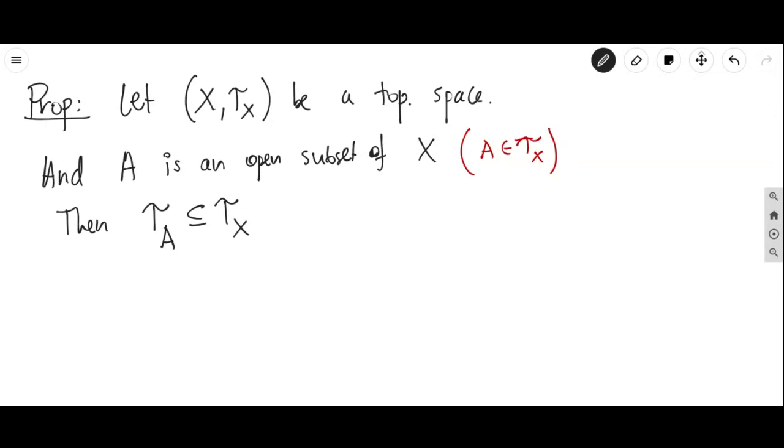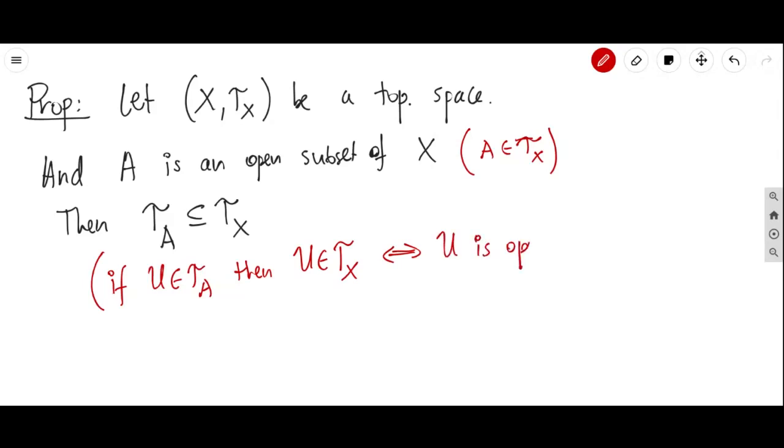This is just another way of saying: if U is in T_A, then U is in T_X. Another way of saying that is, you can just reformulate that. You're just saying if U is open in A, so if U is an open subset of A, then U is open in X. That's what you're saying.